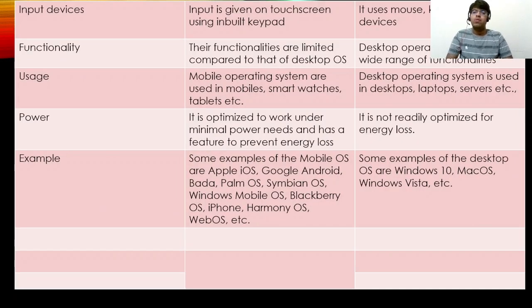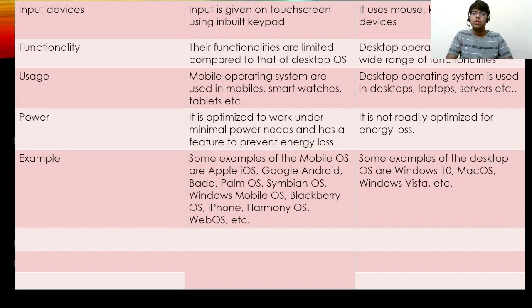Talking about input devices, the input for mobile is given by touchscreen using inbuilt keypads, whereas we use devices like mouse and keyboard as input devices for our desktop. Talking about functionality, the functionality in mobile OS is very limited compared to that of our desktop.